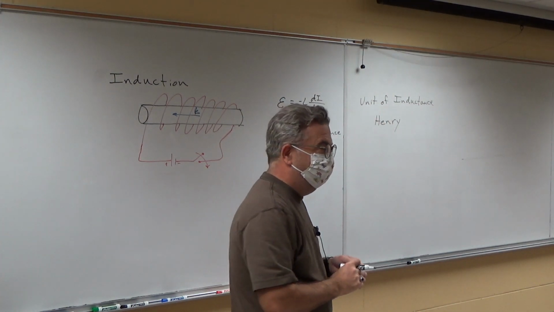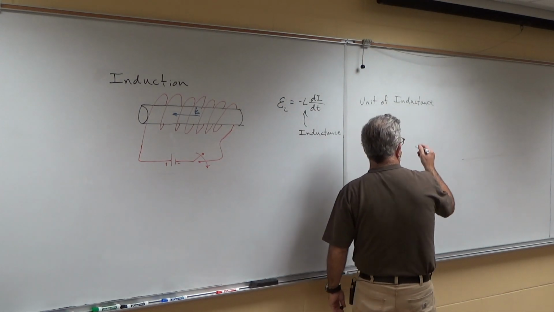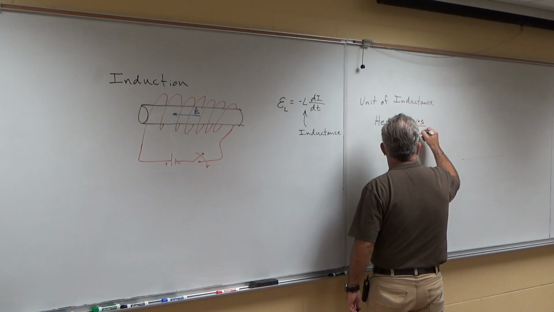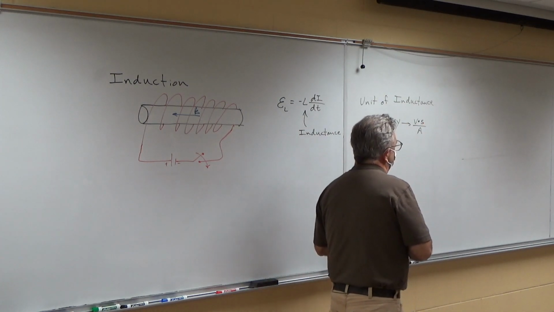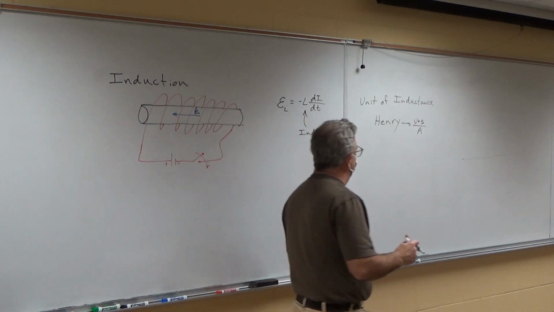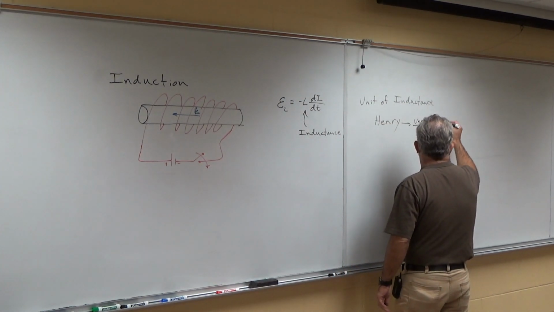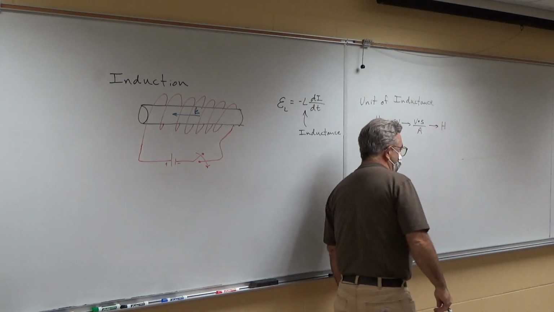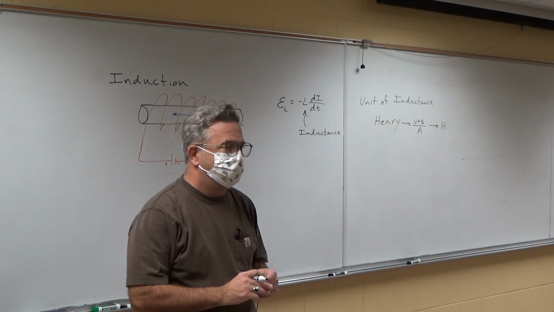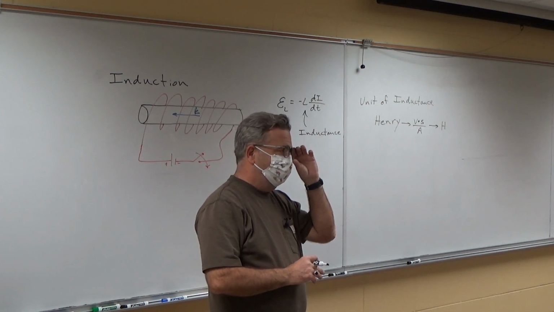Units of inductance are Henrys. A Henry is a volt second per amp. Okay, it's a volt second per amp. It's capital H. So when you see that SI symbol H, that's Henrys. Capital H is Henrys. Okay?